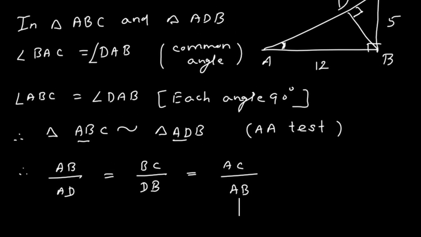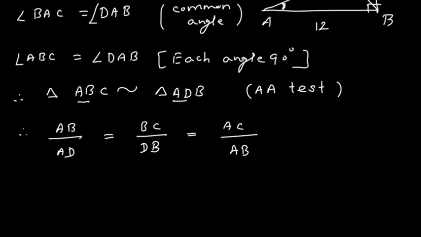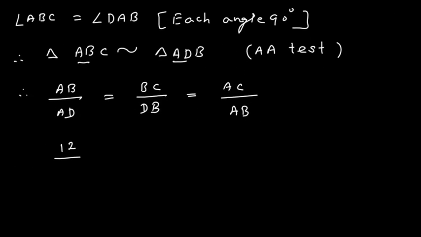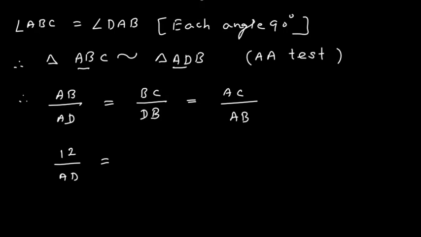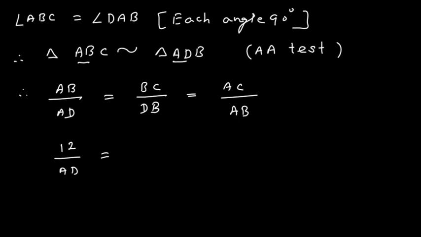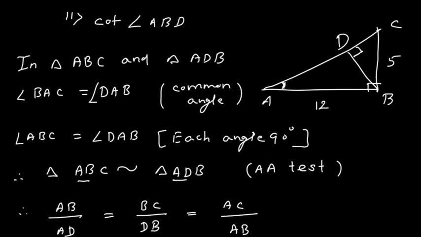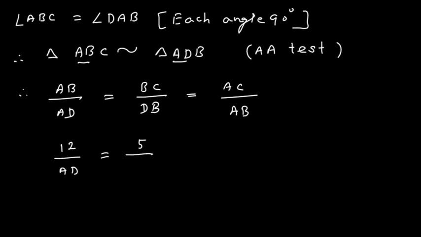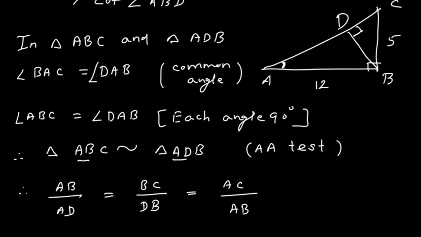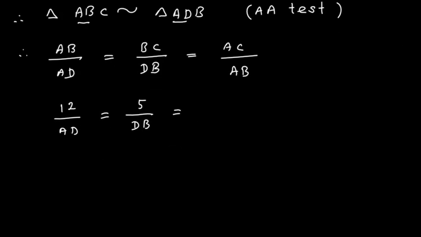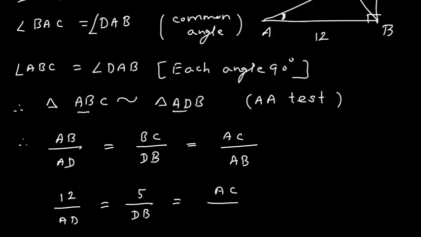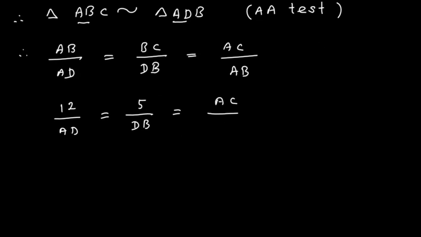The value of AB is 12, so 12 upon AD, which we don't know, equals BC, which is 5, upon DB, again unknown, equals AC, again unknown, upon AB, which is 12.